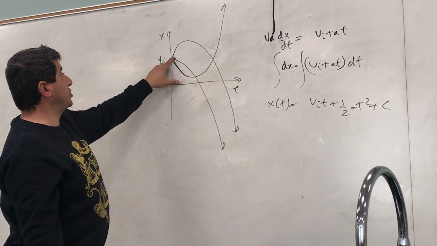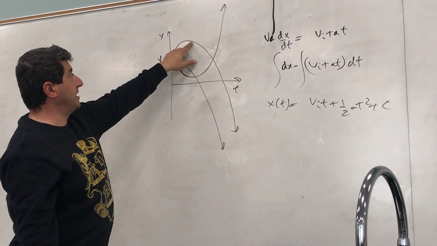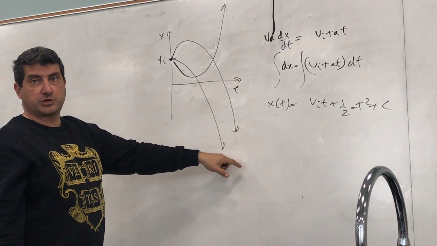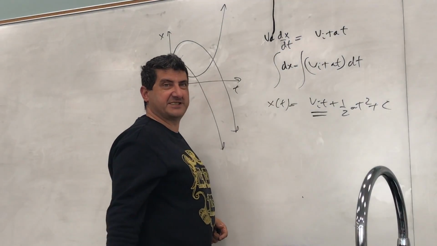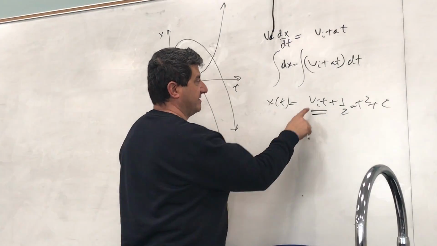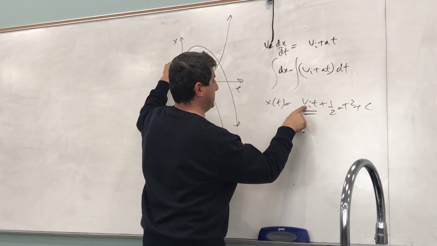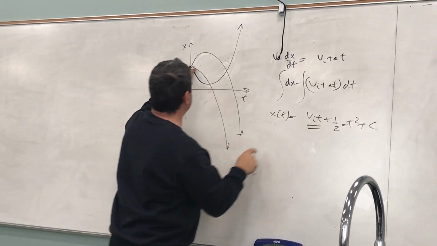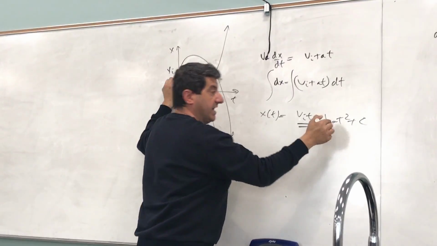Or it could be something like this. This object is initially going to the right, and then stops, and then goes to the left. So there are many different cases, depending on what your initial velocity is. If the initial velocity is positive, it's going to be like this. If the initial velocity is negative, it could be like this or like this. So it also depends on what the A is, right?